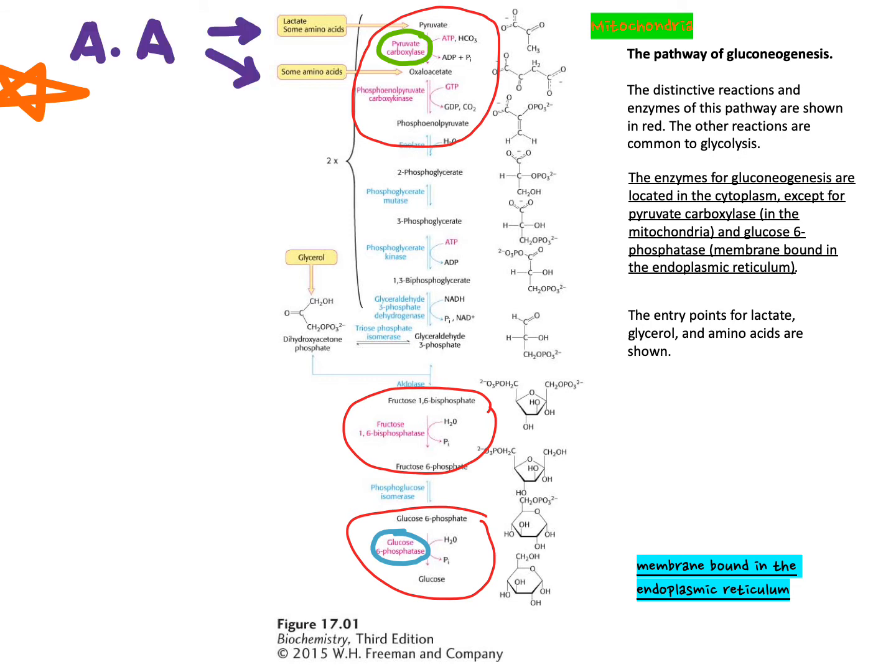For lactate, the entry point is pyruvate. Some amino acids are converted to pyruvate, some are converted to oxaloacetate. For fat, the glycerol enters at dihydroxyacetone phosphate.